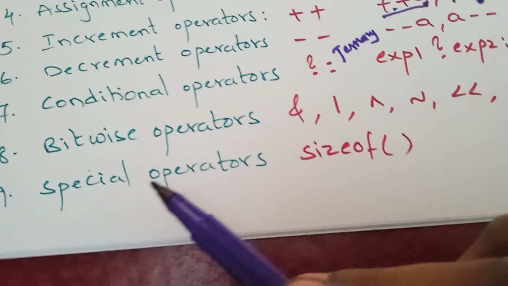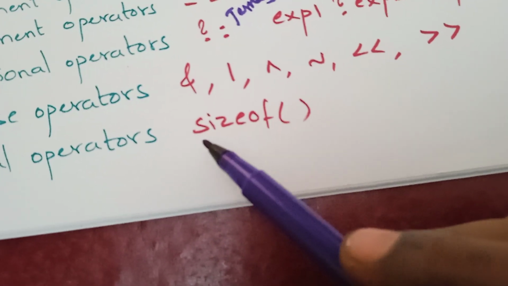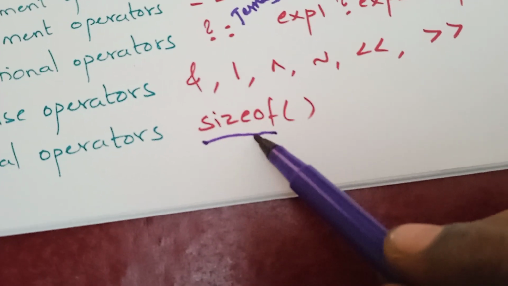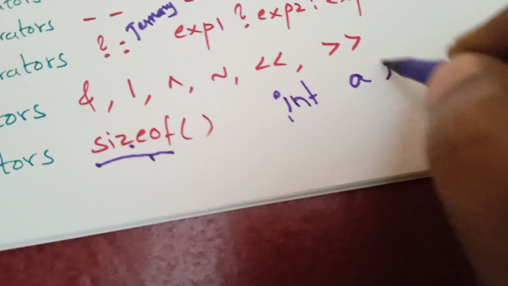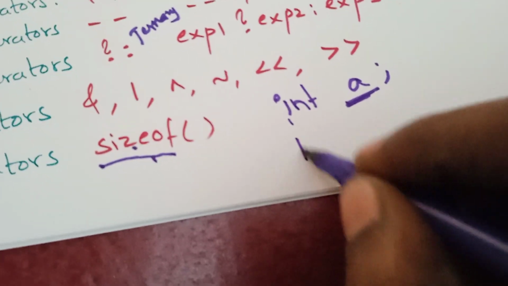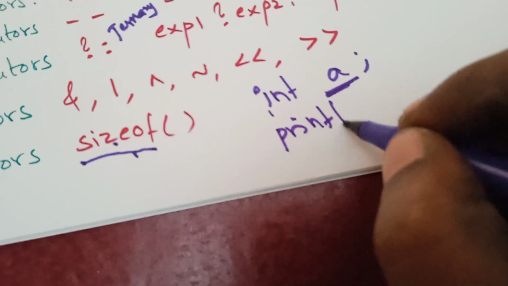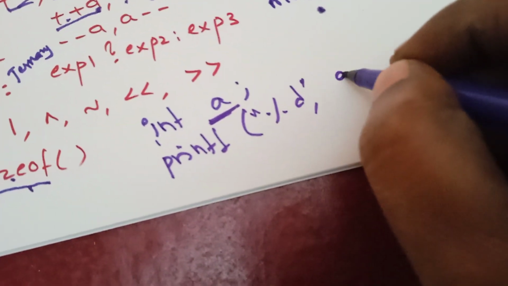The next is special operators, which is sizeof. The name itself tells that we'll be knowing the size of the variable. Let us take an example where I have taken an int a variable. Now I wanted to check the size of this variable. Then I'll go to the printf statement to print the size of a, how many bytes it is taking.